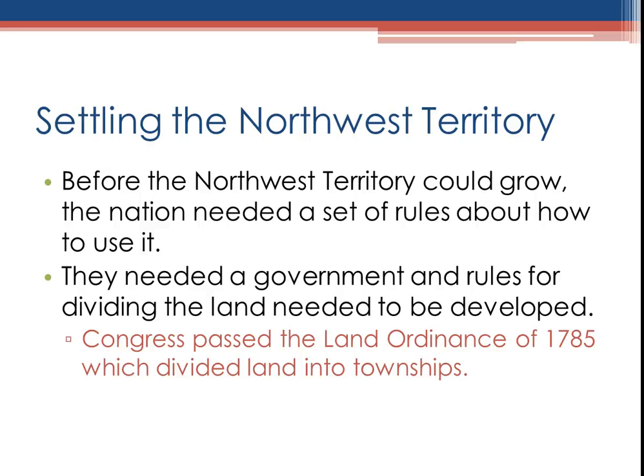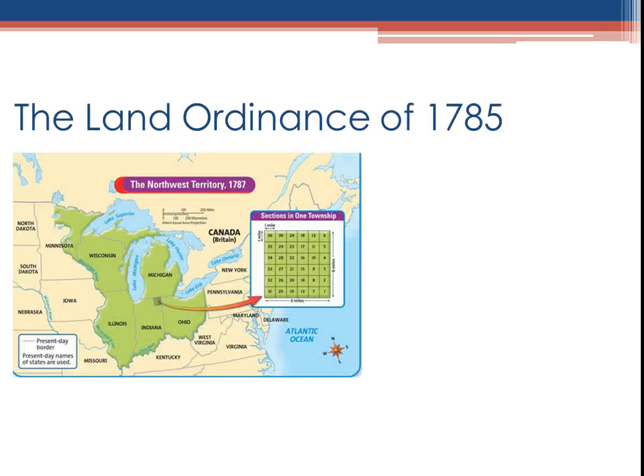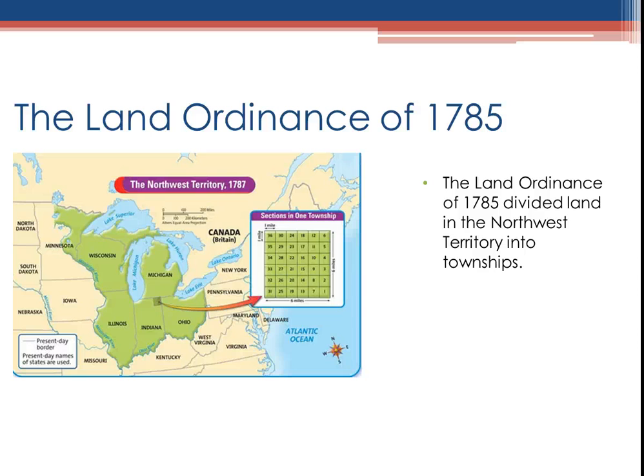So Congress passed the Land Ordinance of 1785, which divided the land in the Northwest Territory into townships. And here you see, this is from your book, how that actually looked. So here you see just a section of the Northwest Territory, nearby where we are in Fort Wayne, and they divided a section into different townships.